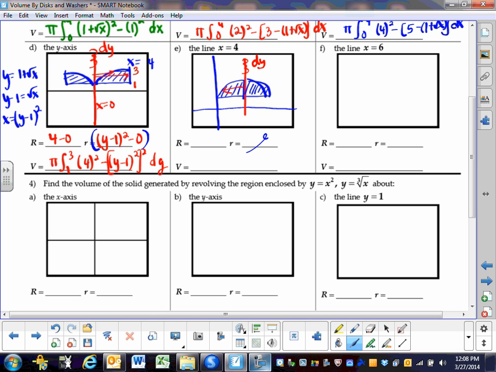And now this time, that's the difference between x equals 4 and the curve y minus 1 quantity squared. So we have pi from y is 1 up to y is 3, 1 radius, which is 4 minus quantity y minus 1 squared, all squared. So it's the entire r squared dy.